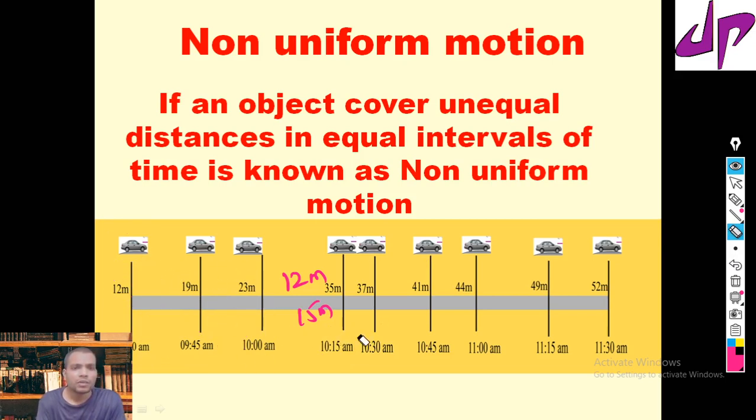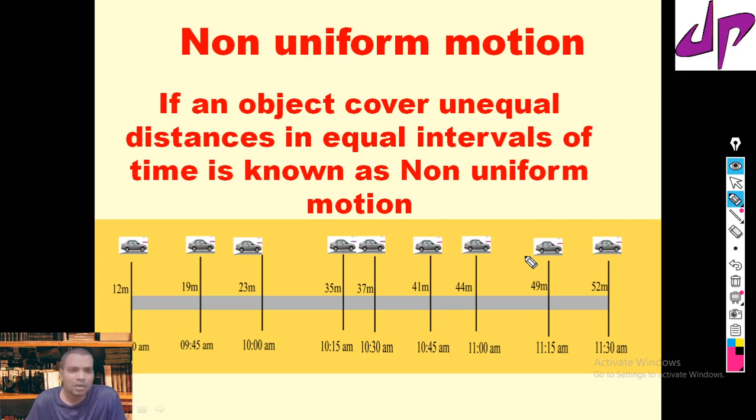Usually whatever we do, when we walk, when a vehicle goes, everything will be described with non-uniform motion. Because in reality, every time we need to apply brakes, we need to face some obstacles. Sometimes we get a freeway, so we can increase speed. Sometimes we get traffic, we need to decrease speed.